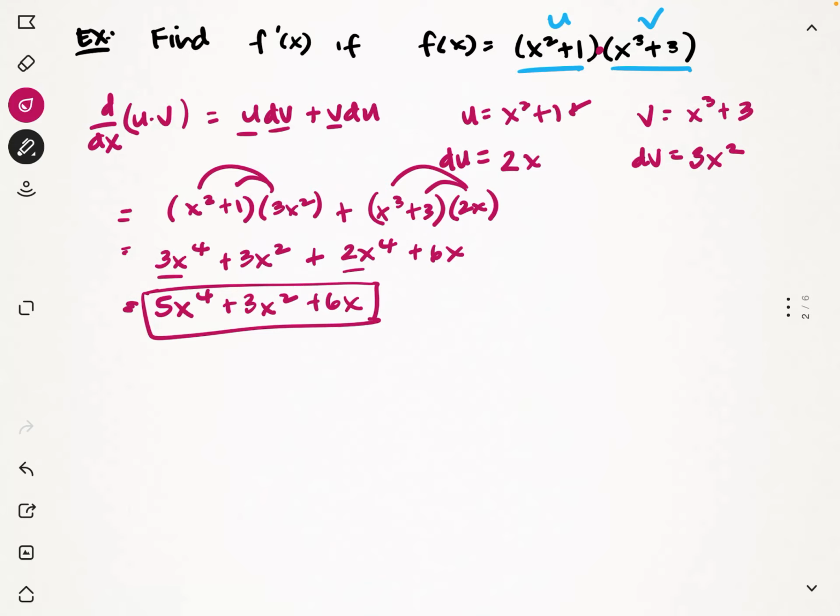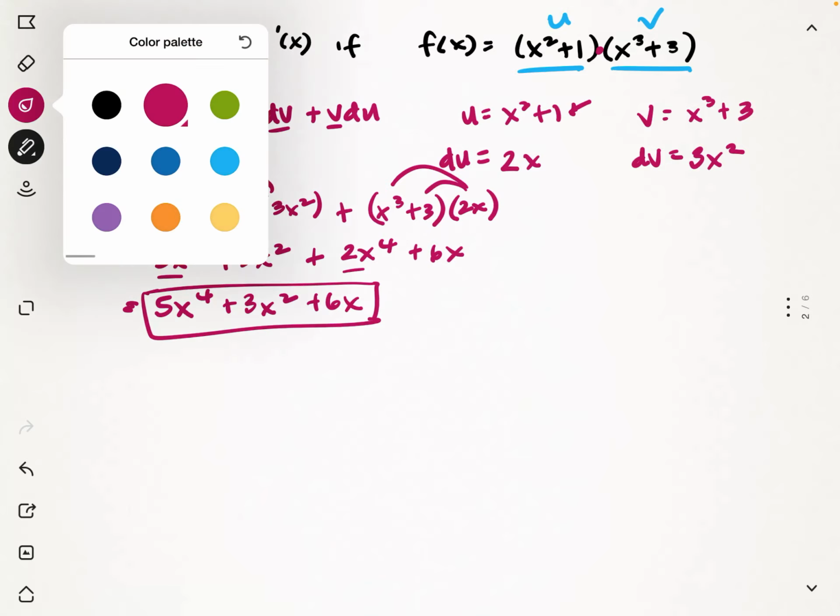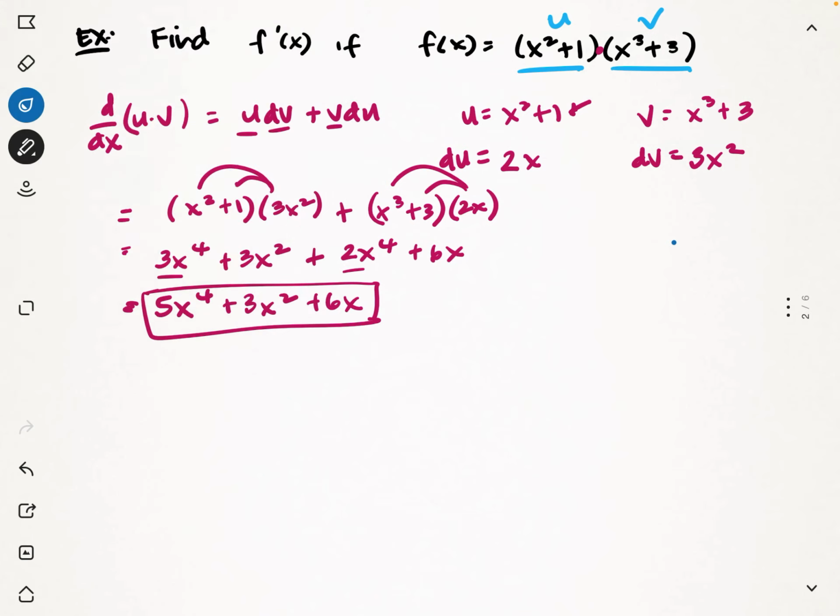Now keep in mind, there could be other ways to do it that might be longer. For example, if we had multiplied this out in the beginning, distributed our stuff out here, we'd end up with x to the 5th plus 3x squared plus x cubed plus 3.